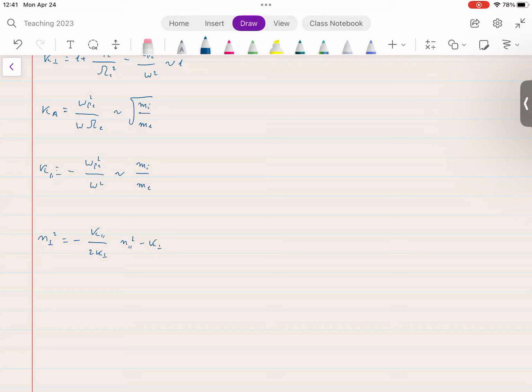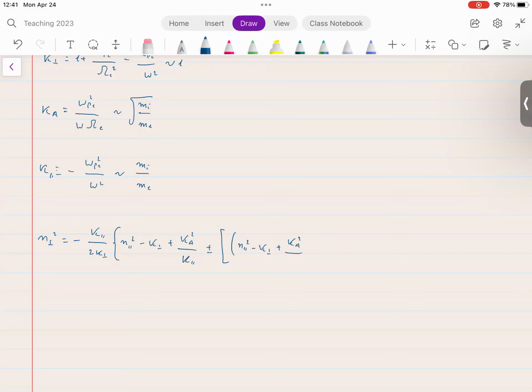Let me do it this way. Plus K A square over K parallel plus or minus. It's going to be easier if I write this as n parallel square minus K perp. Please try to do this calculation.